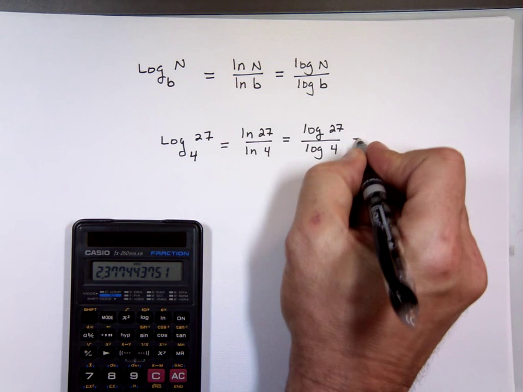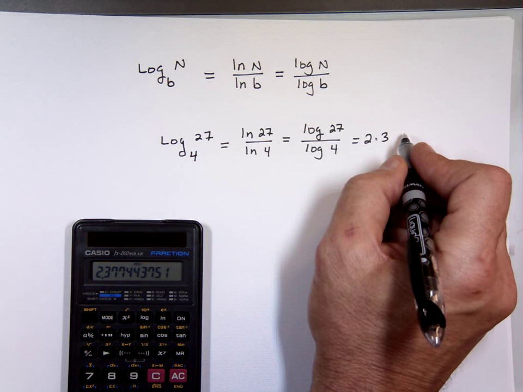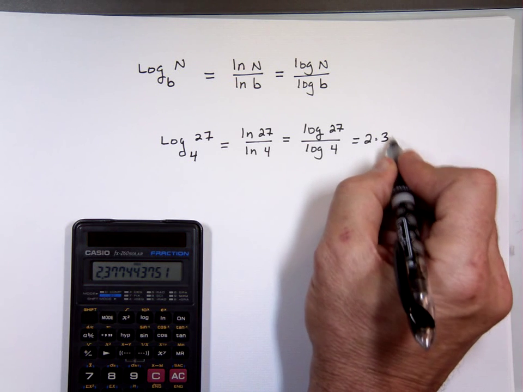Let me know, because my calculator is acting funny, I have to hit the button sometimes 3 or 4 times. Did you get 2.377? Yep.